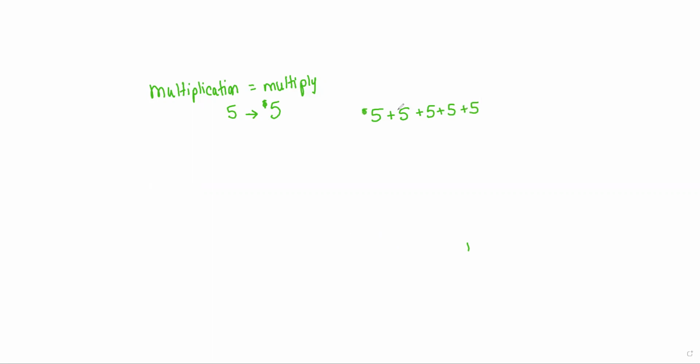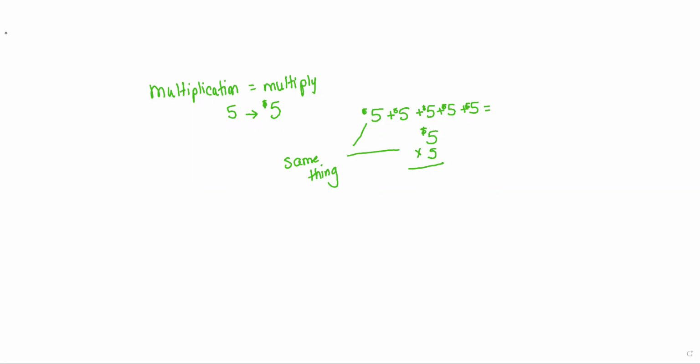So each one needs to be $5 plus $5 plus $5 plus $5 plus $5. Or I could just say $5 times 5. These are both the same thing. Multiplication is a quicker way of doing the addition problem.